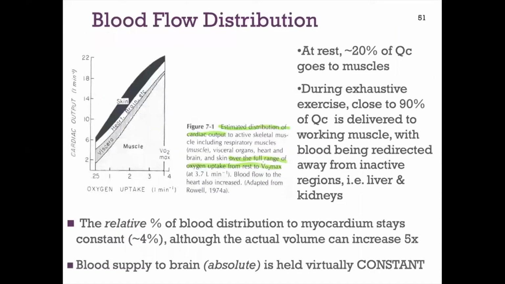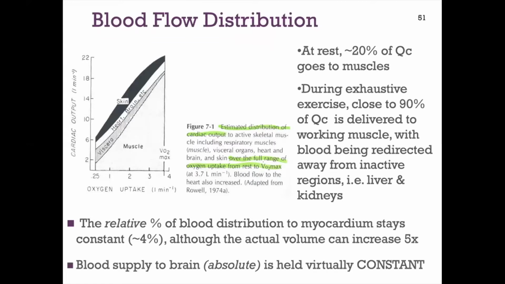All right, so we finished the last video talking about cardiac output and how much cardiac output there is. But now what we're going to do is talk about where that cardiac output is going and how exercise can change the destination of all of this blood flow. So at rest, about 20% of our cardiac output goes to our muscles.